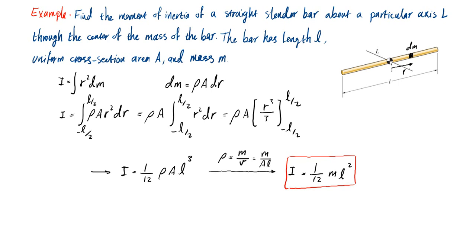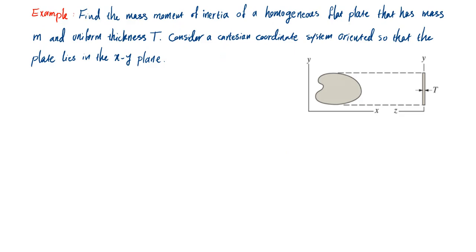Now, that was a slender bar, pretty straightforward. Now let's take a look at another example. The second example would be a plate. In this example, I have a homogeneous flat plate, some shape, that the shape is not specified. It has a mass of m, and it's uniform, and the thickness of the plate is t. The thickness is uniform and it's t.